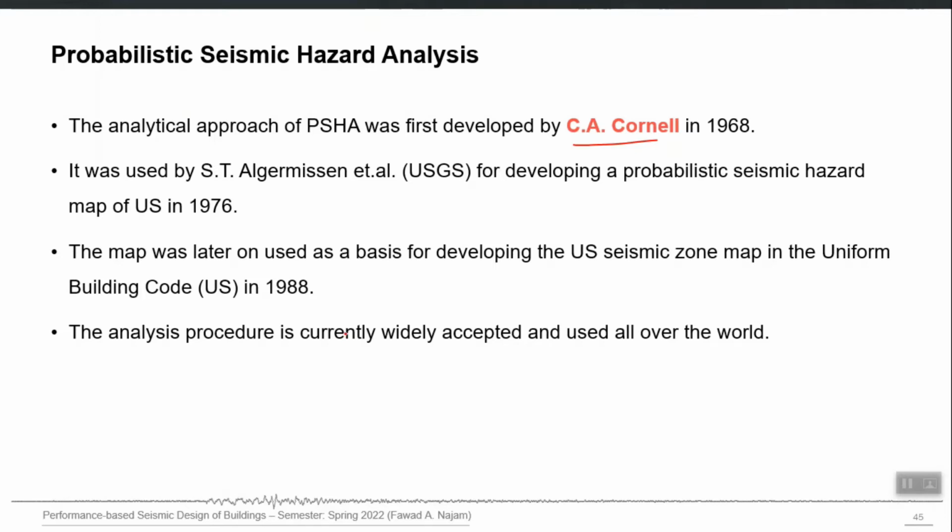This methodology was also later used in developing the US seismic zone maps in the UBC series of building codes. So from 1988 onwards, 1991, then 1994, and finally in 1997, this PSHA methodology was used to develop the US seismic zone maps.